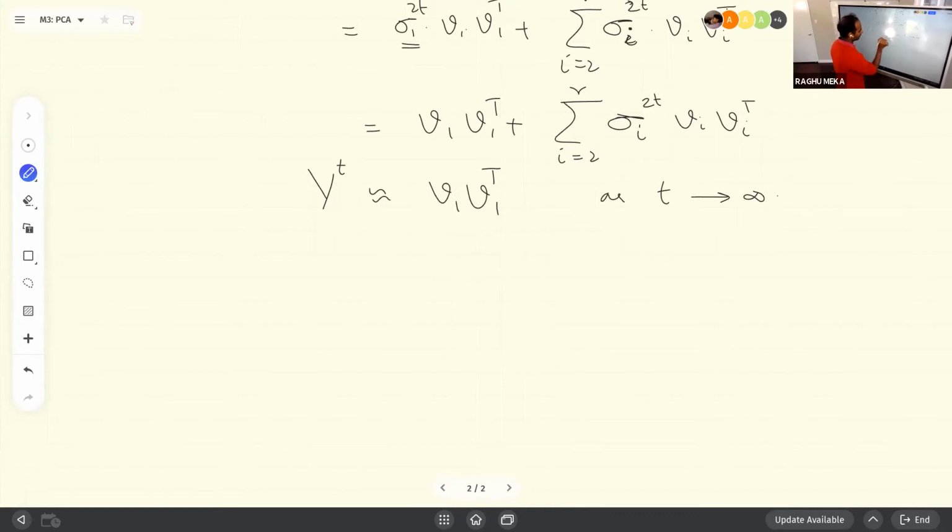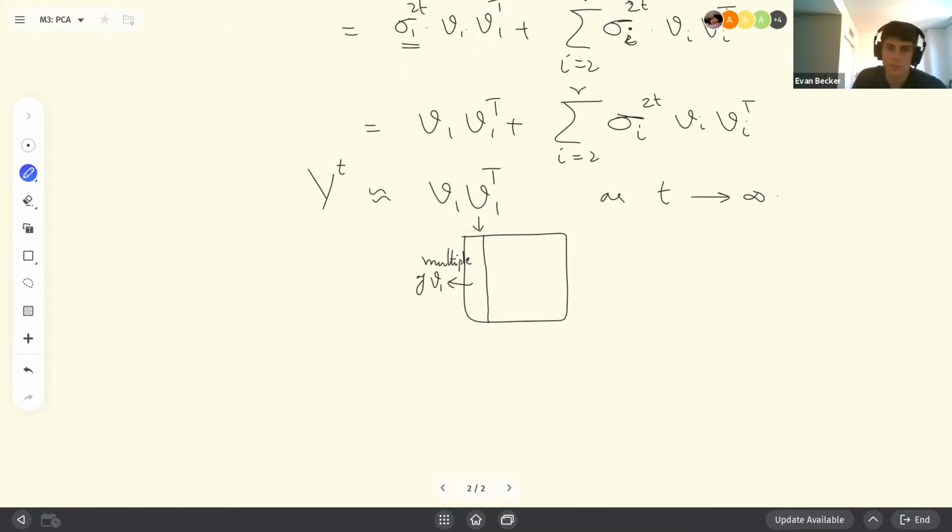So the first column of v1 transpose is just a scaling of v1, right? So how can I extract the first singular vector now if I can compute y to the t for a large enough t? Just normalize it. Exactly, right?